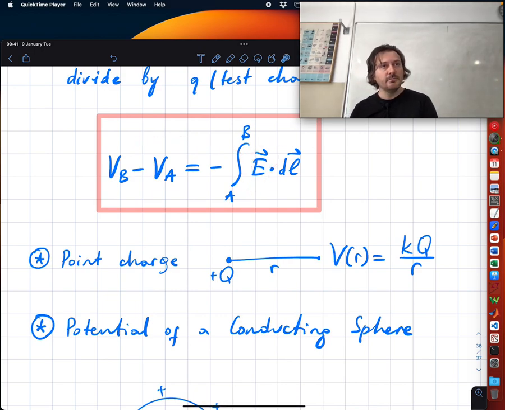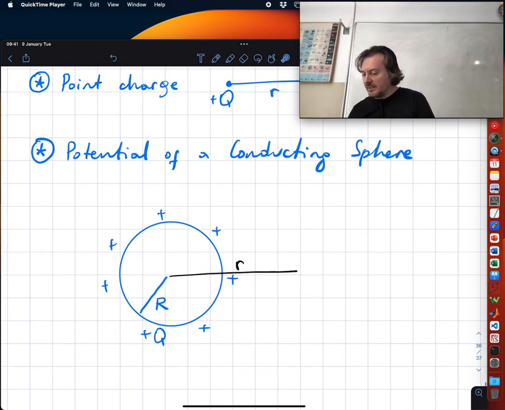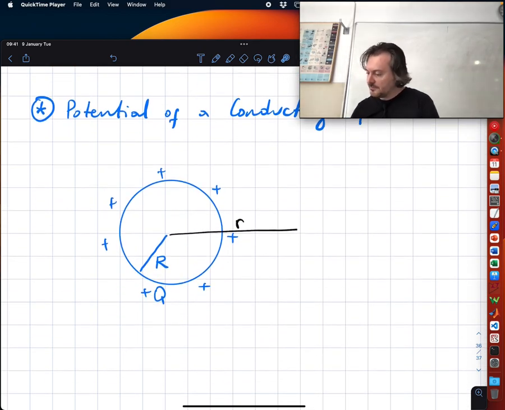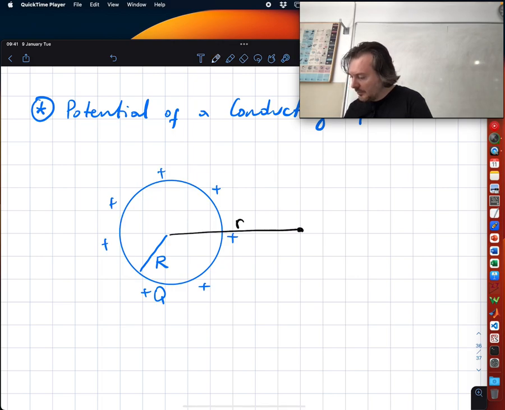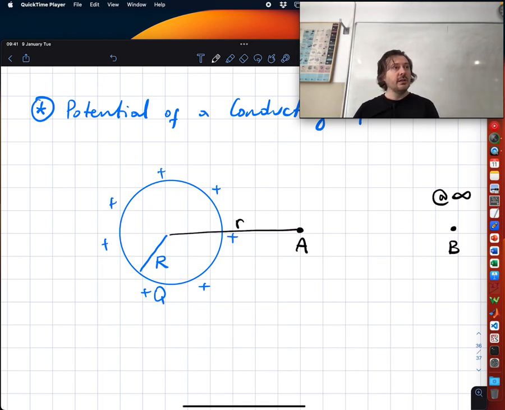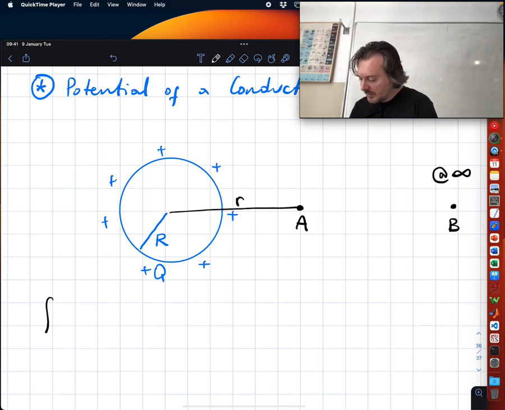So far so good? So I want to find electric field outside. Let me call this point A, and let me call the point B to be at infinity. So what I do is I first write down the formula. I know that VB minus VA is negative integral of E dot dl.